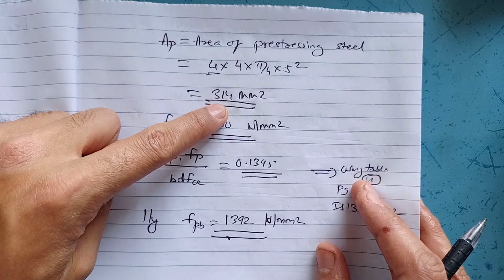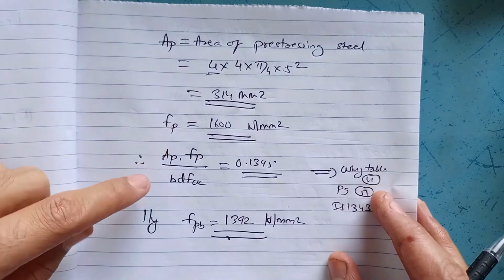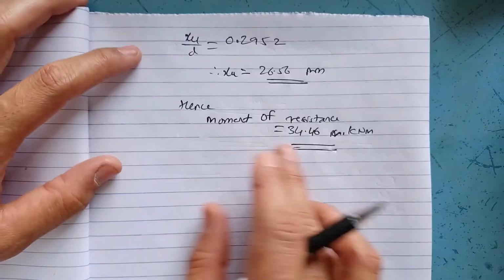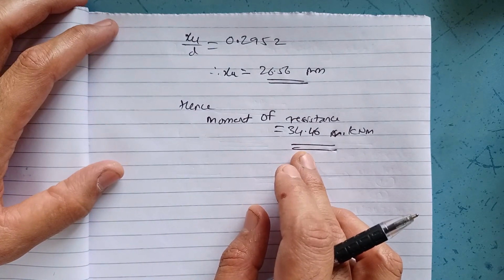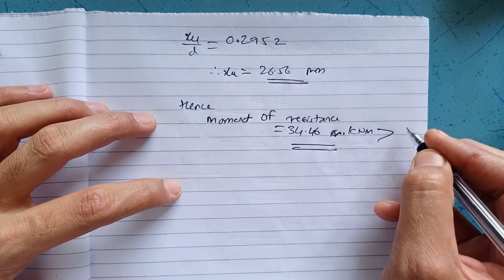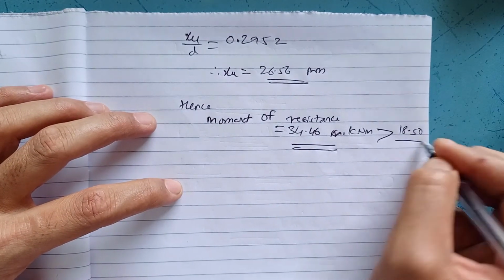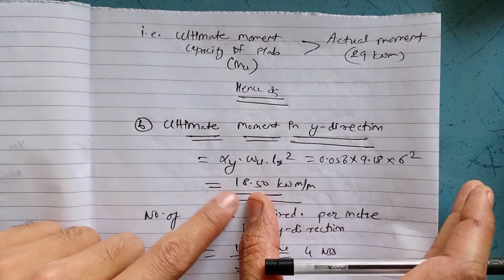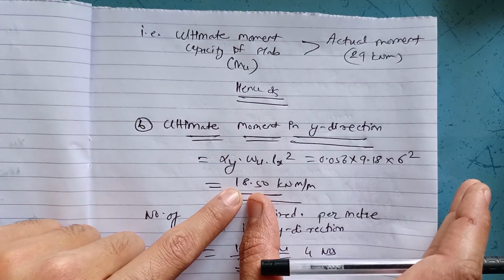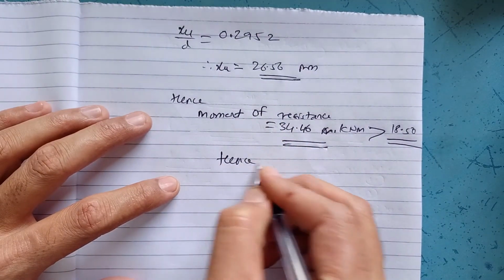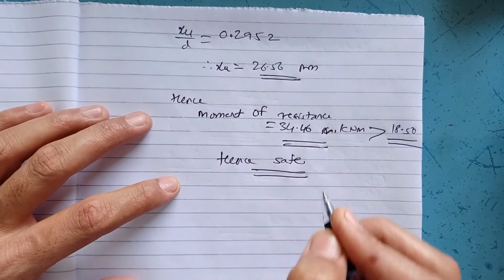Area of steel is also same since 4 cables are required. This ratio comes same, FPB also is same. Hence, after calculation we will get moment of resistance as 34.46 kilonewton meter, which is greater than 18.50 kilonewton meter. This is 18.50 ultimate moment in the y direction, which is less than this value, hence safe.